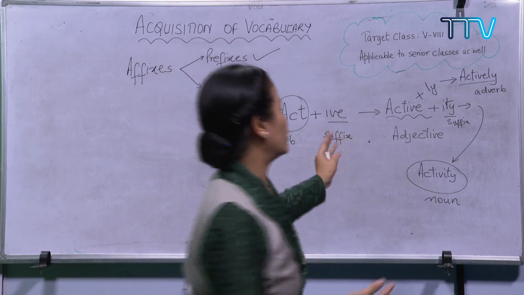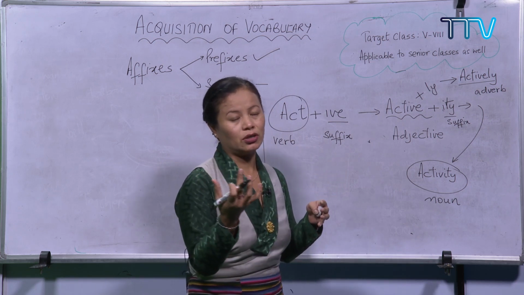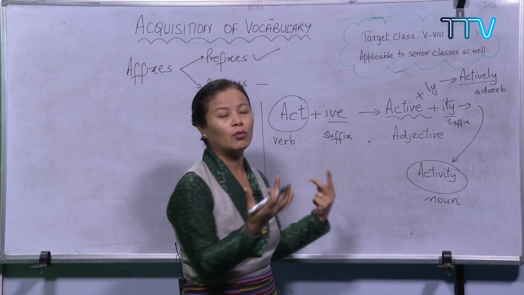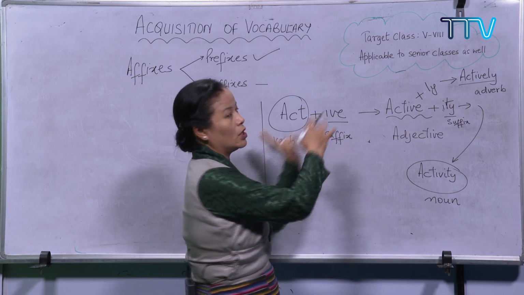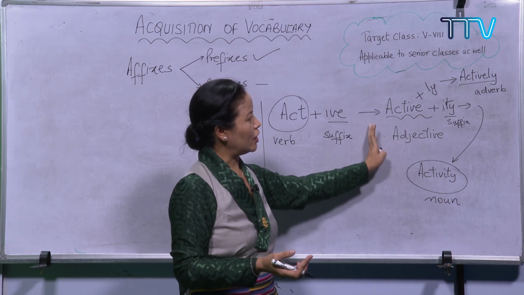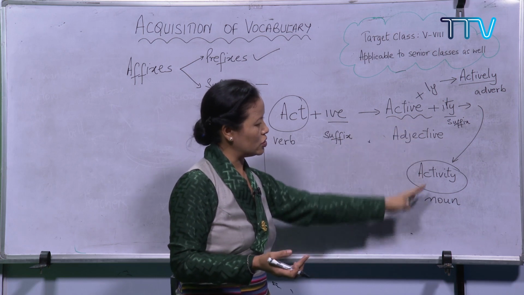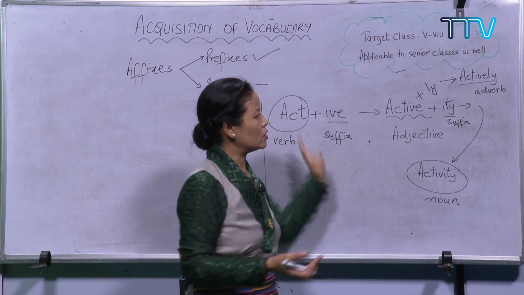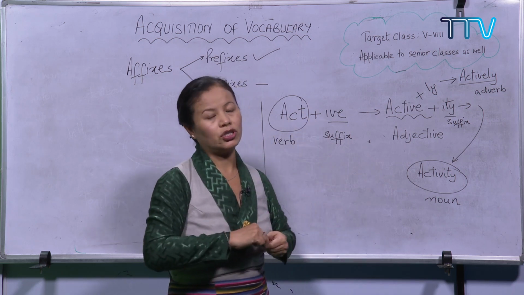Here, a suffix changes the form of the word, or the word class. A verb is changed into, what do you see here? Adjective. And then what do you find? Adjective changed into adverb. And again, adjective being changed into noun. So this is how a suffix can change the word form.